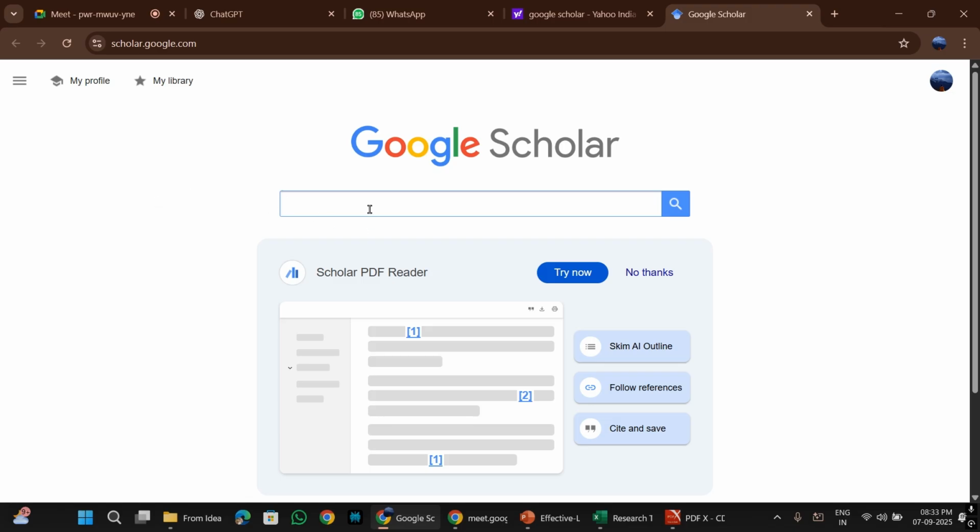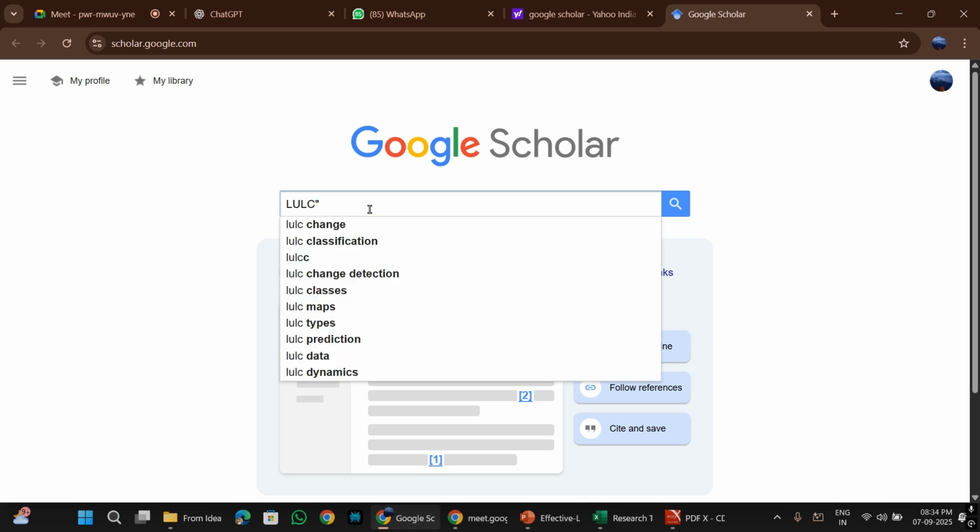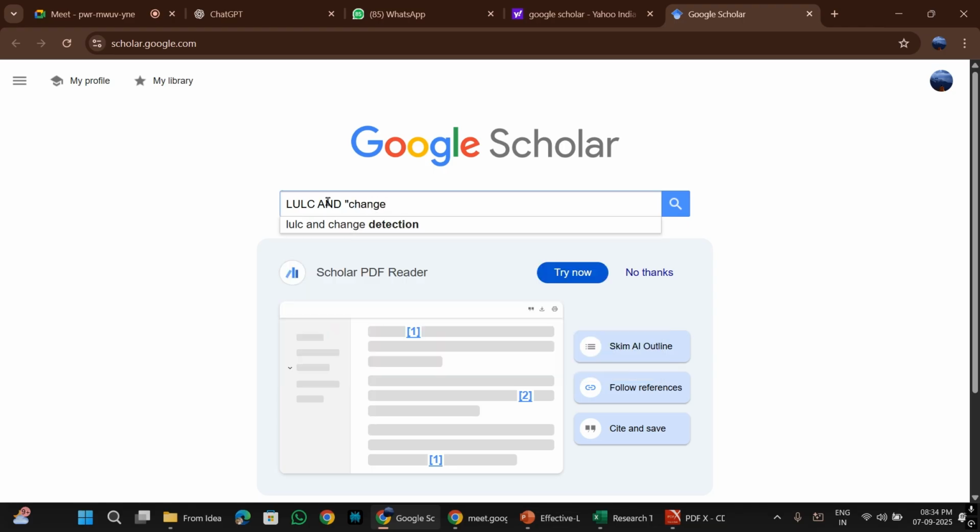Okay. So in Google Scholar, I'm searching for land use, land cover change, and urban sprawl. Let me type it in using Boolean operators. I want LULC, that is land use, land cover, to be there, and definitely this word change has to be there in the manuscript, okay?